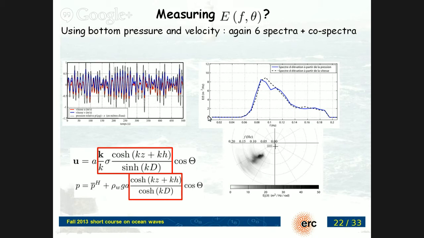And it is essentially the spectrum of the sea surface elevation. So the blue is estimated from the pressure. The dashed here is estimated from the velocities. And if you combine these two, you get a directional spectrum here with the energy in different directions. And again, that was using the MEM method for going from the moments to the directional spectrum.